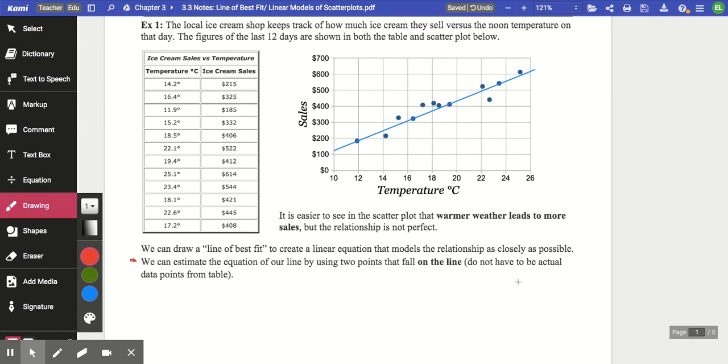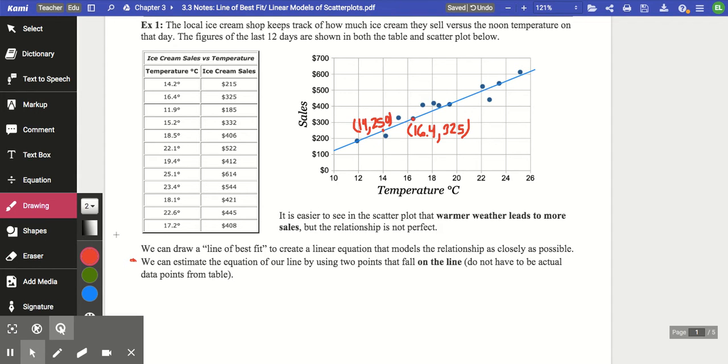These points do not have to be actual data points from the table. So in my case, I'm going to choose this point, which notice is not an actual data point from the table, but then also this point, which is data from the table. I'm going to label the coordinates of each.